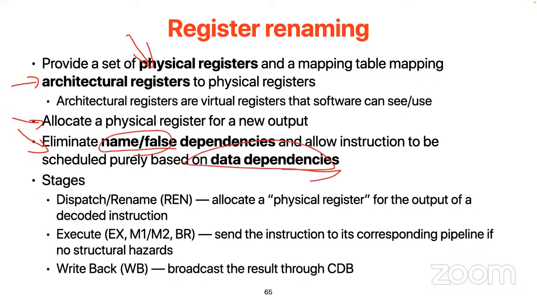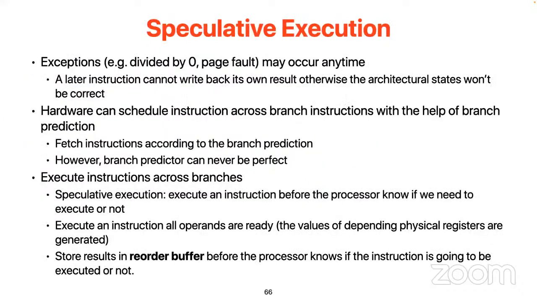However, if we want to keep the pipeline filled, we definitely want to be able to schedule instructions across the branch. Branch prediction could be highly accurate, but we cannot make the branch predictions perfect, so we need to preserve the capability of flushing instructions.